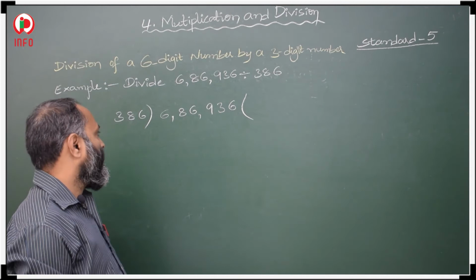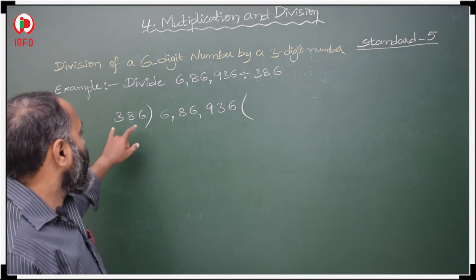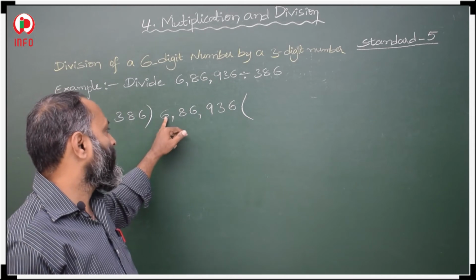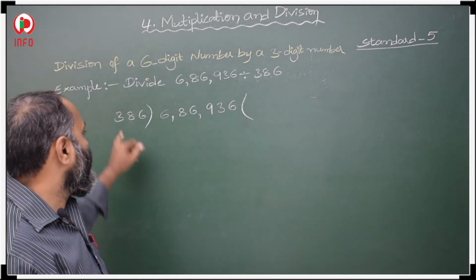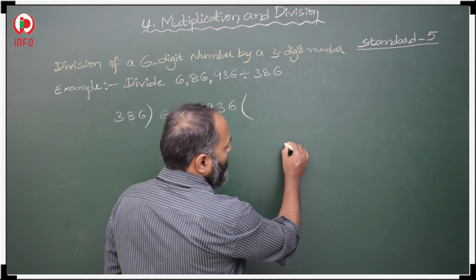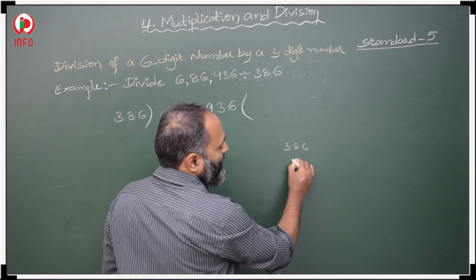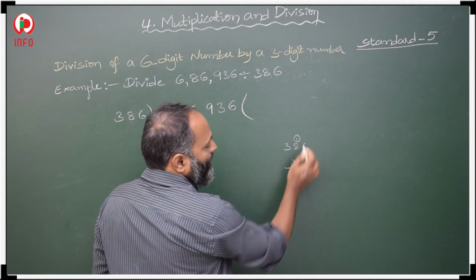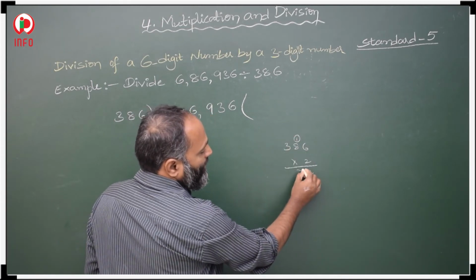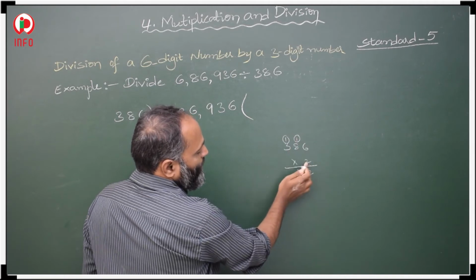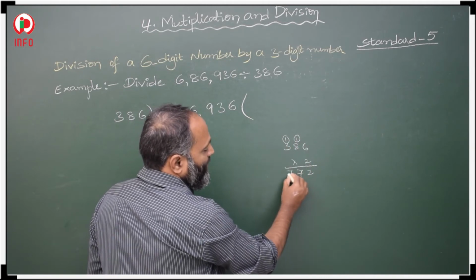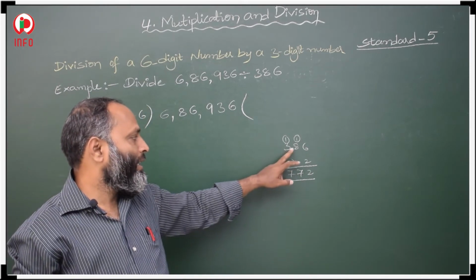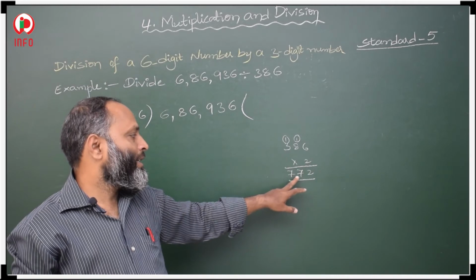Okay. Now here 386 is a very big table. So when we get 686, 386 twos are, once you check, 2 6s are 12, 2 8s are 16 plus 1 is 17, 2 3s are 6, 6 plus 1 is 7, 772. So 386 twos are 772.